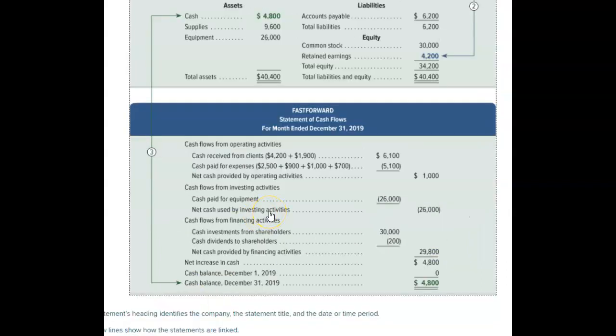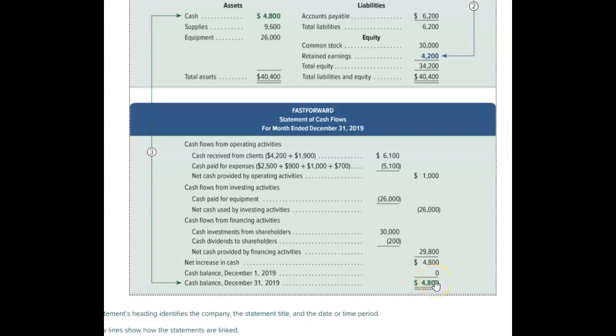For now, however, you should know that the purpose of the statement of cash flows is to show the changes in cash from the beginning of the accounting period to the end of the accounting period, and that the statement is broken into 4 distinct parts. Cash flows from operating activities, cash flows from investing activities, cash flows from financing activities, and the calculation section.